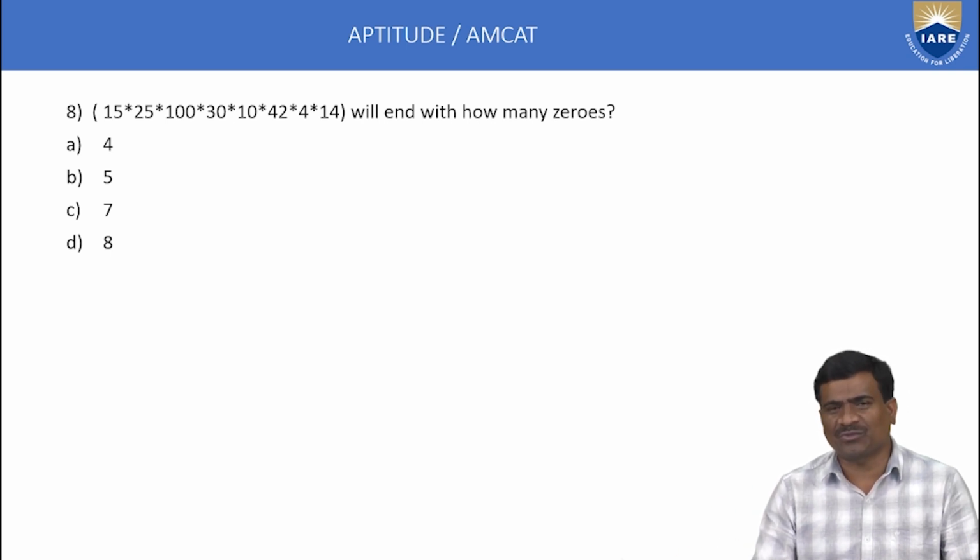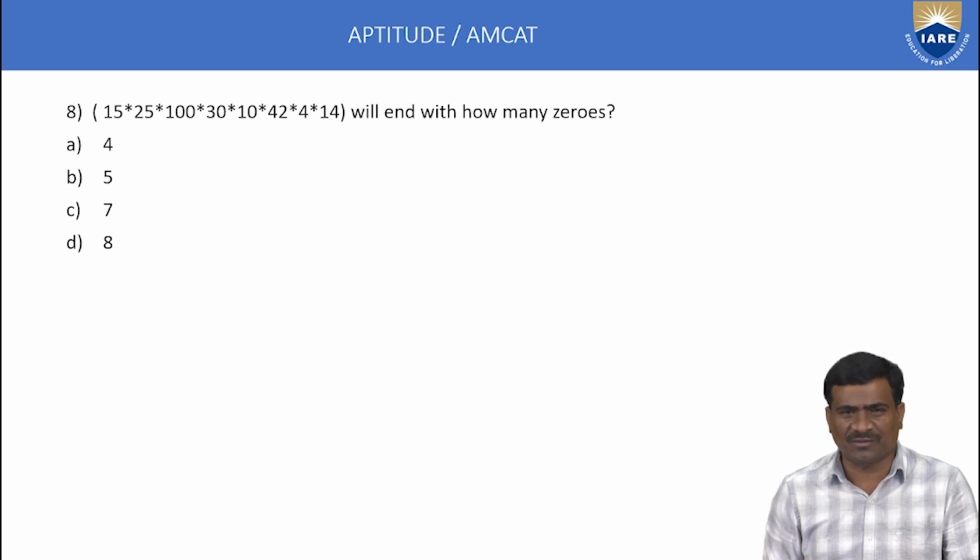General method: if you want to end in 0, 10 and 10 multiples multiplied by any number, then only ending in 0 is possible. Otherwise, ending in 0 is not possible. But in this example, calculate 10 and 10 multiples. 10 is made of 2 and 5. Calculate the total number of twos and the total number of fives.